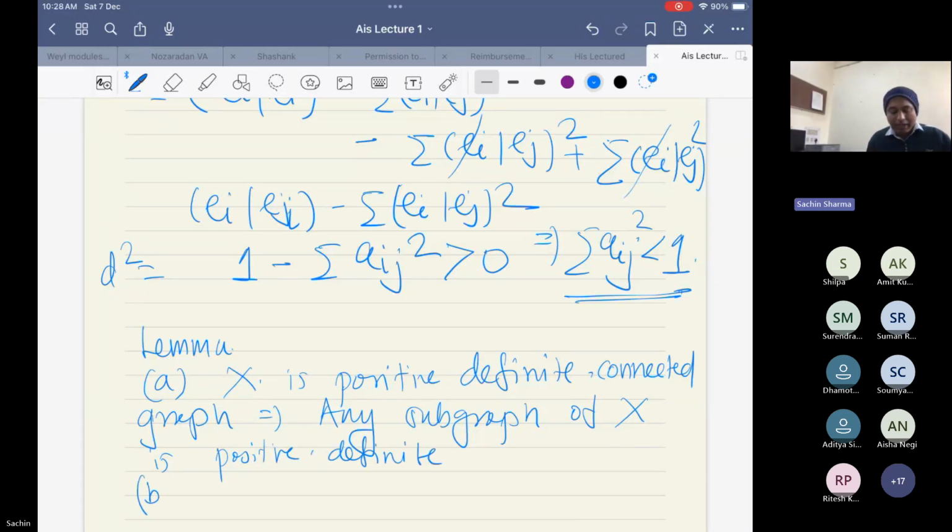And another lemma, which is very important, is called the shrinking lemma.